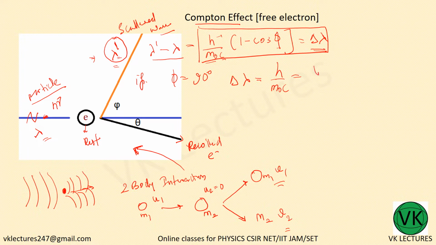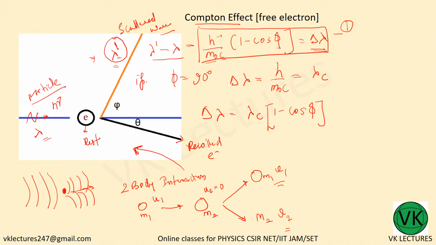This is called the Compton wavelength. So from this first equation we can write delta lambda is equal to lambda c into 1 minus cos phi.